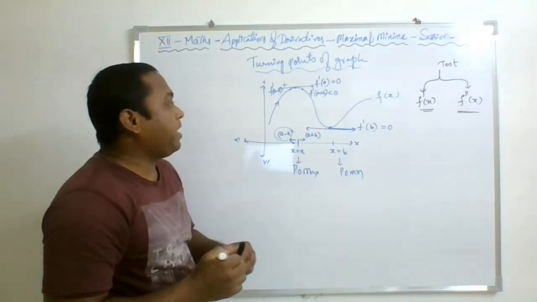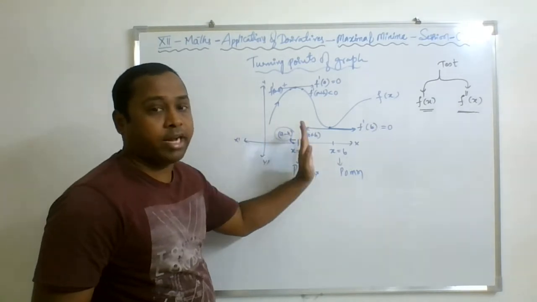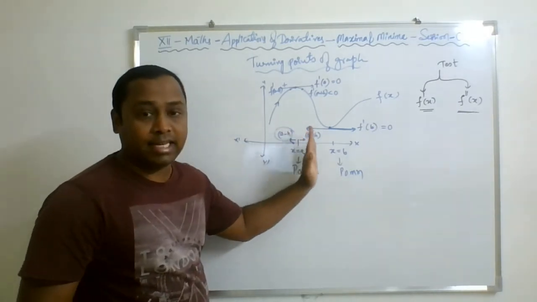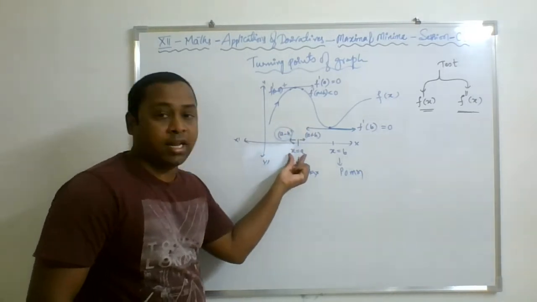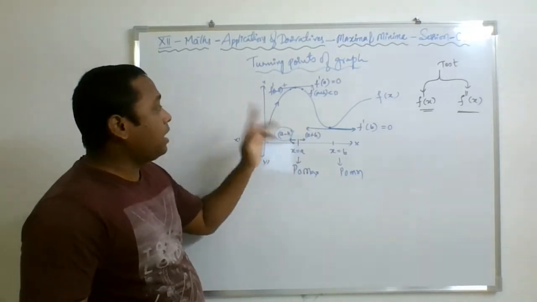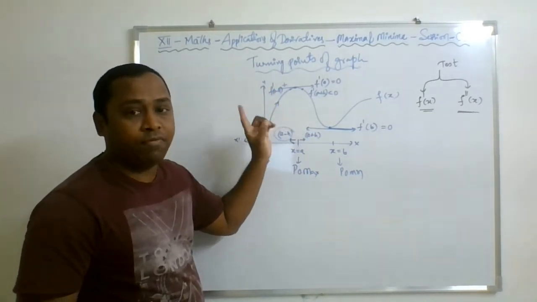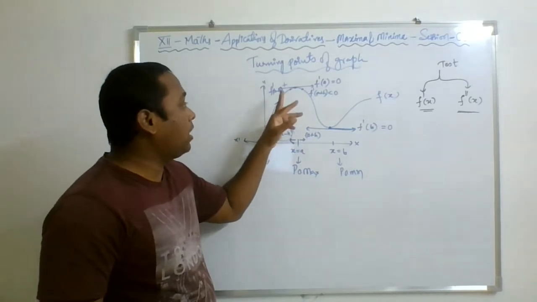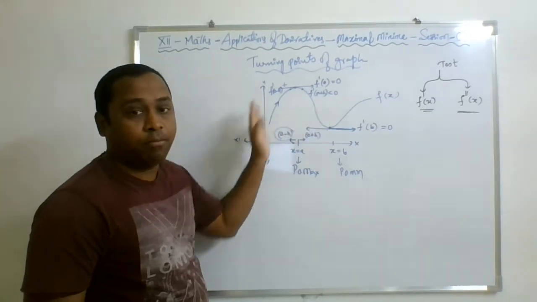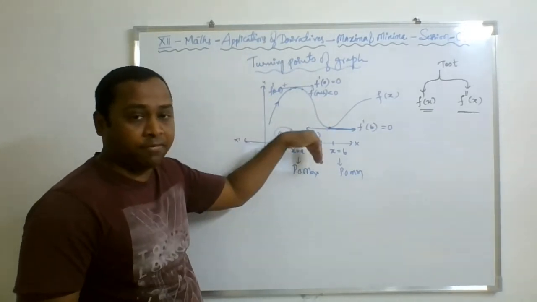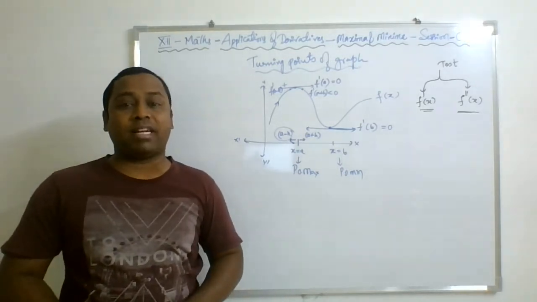What I mean to say is, when you are moving from left to right, the value of x is increasing. If, as x increases through this turning point a, the sign of the derivative of the function moves from positive to negative, then this turning point is called a point of maxima.